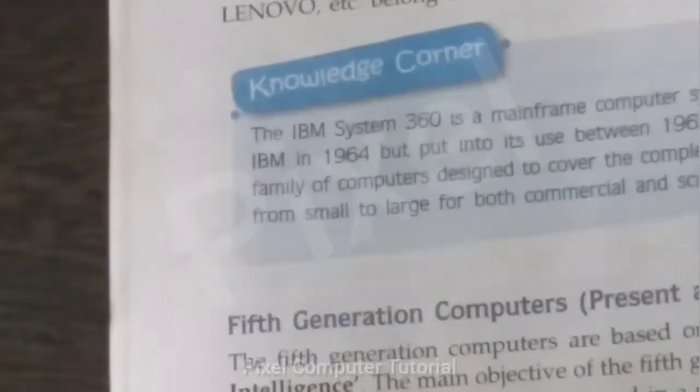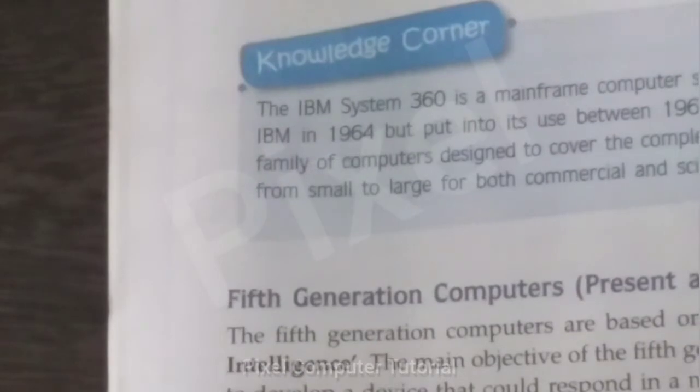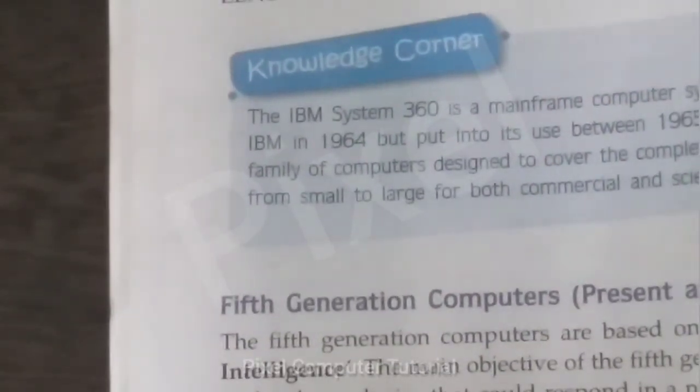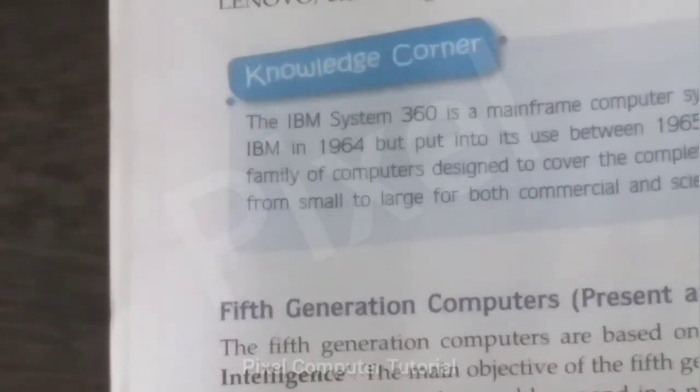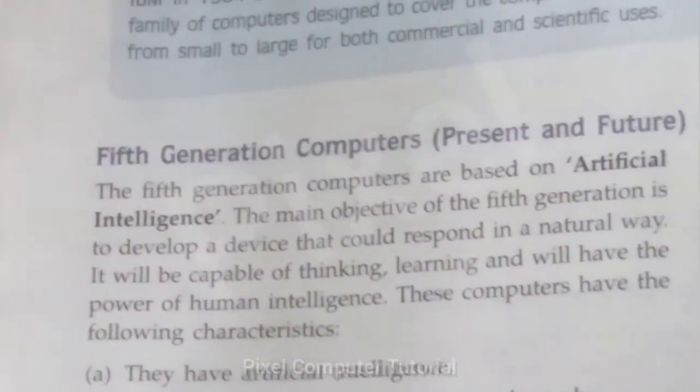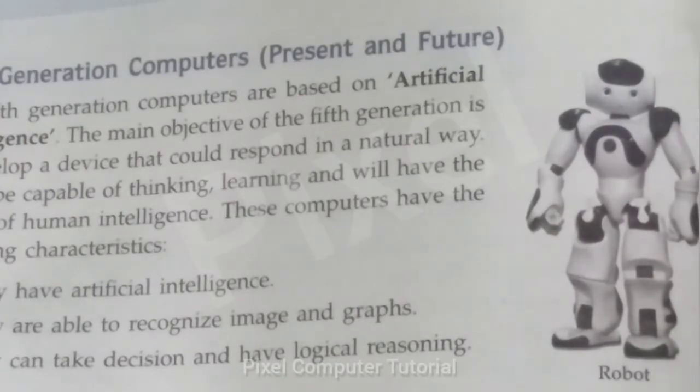Okay, so now next is the fifth generation. The fifth generation computers are based on artificial intelligence. The main objective of the fifth generation is to develop a device that could respond in a natural way. As I told you, these robots cannot understand anything unless you give them particular instructions.